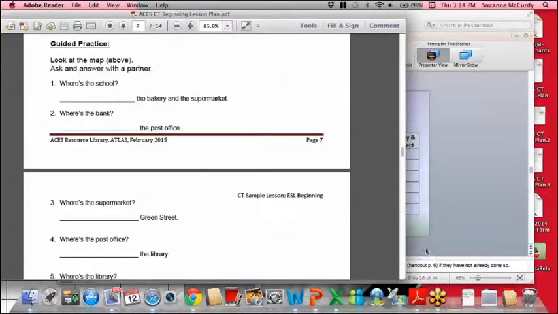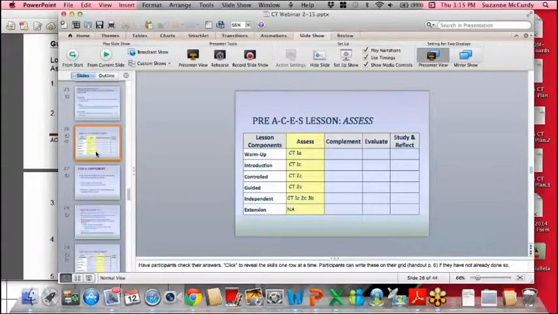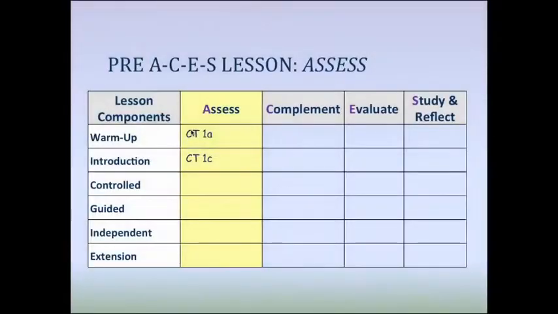So oftentimes, actually, the critical thinking skills, they're kind of buried. We don't always recognize them. Okay, so for guided practice, I put in 2C, and then the independent practice.